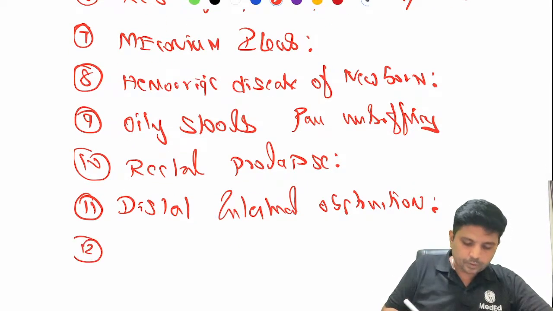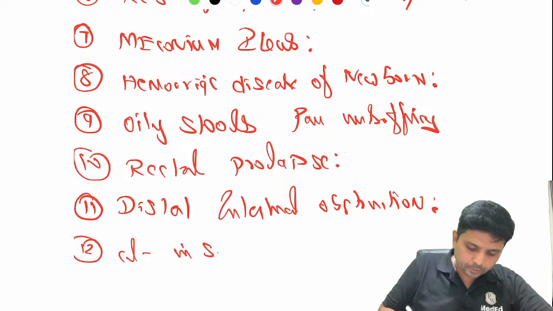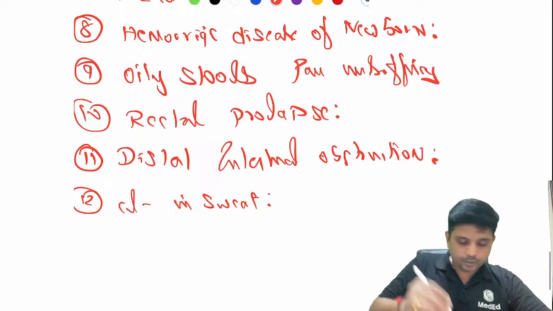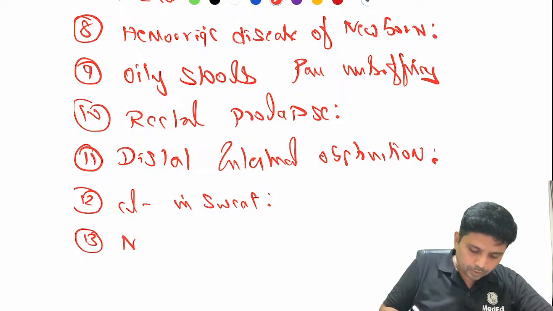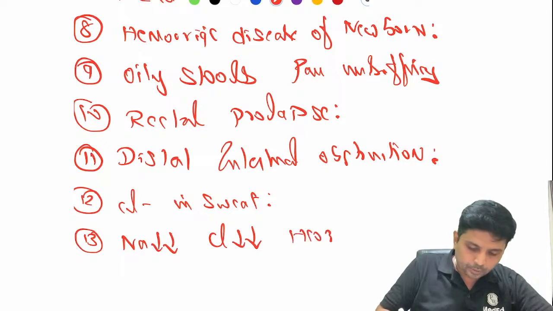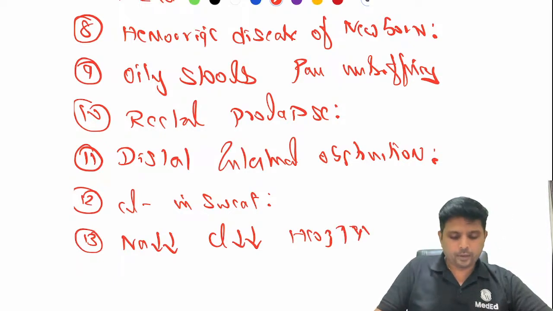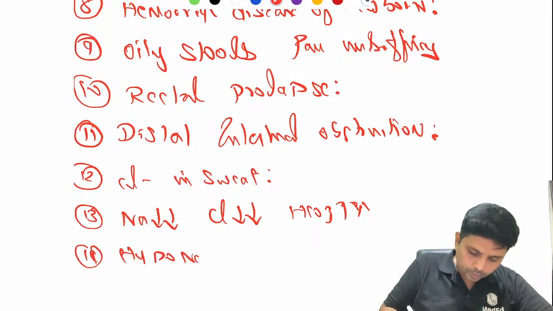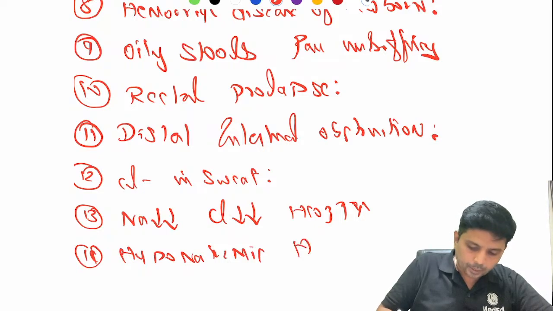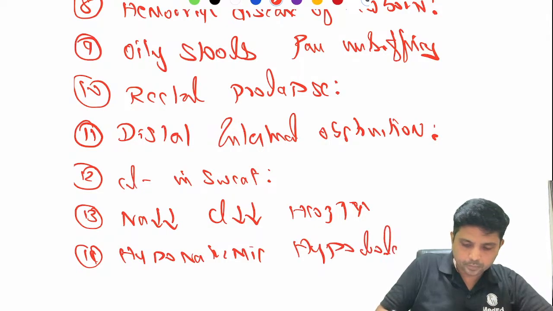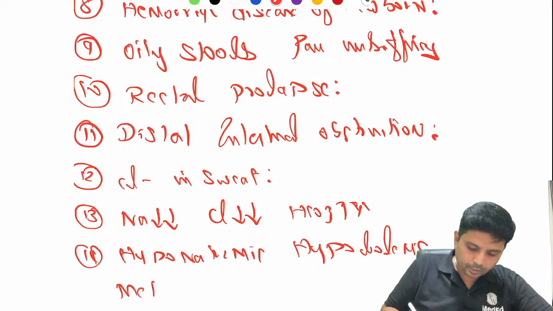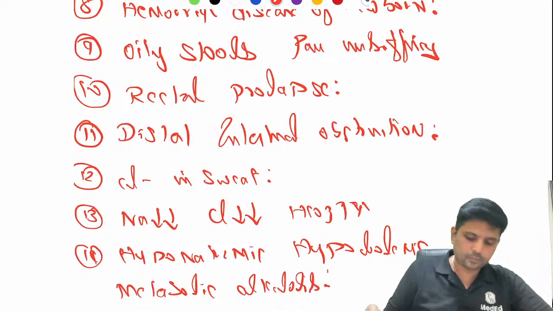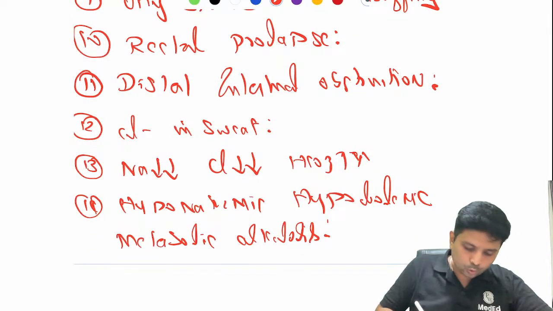And remember, you will lose chloride in sweat, as a result of which the manifestations can be low sodium, low chloride, high bicarbonate, leading to hyponatremic, hypochloremic metabolic alkalosis, mimicking Bartter syndrome.